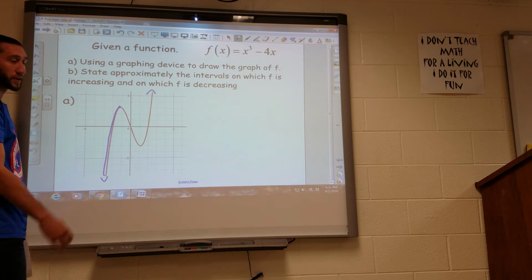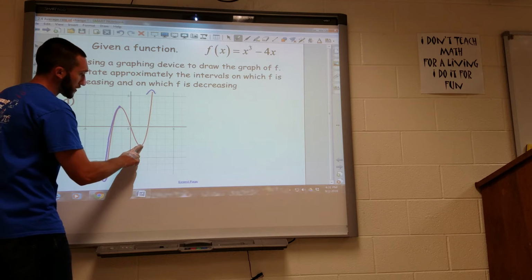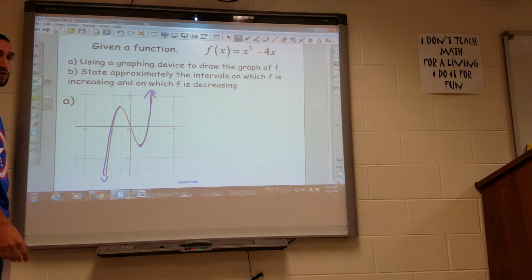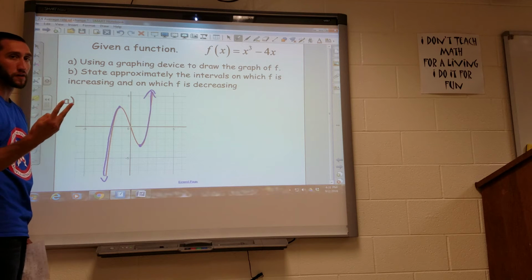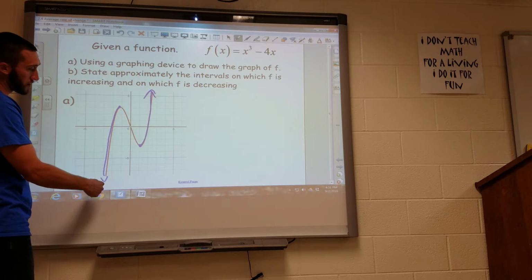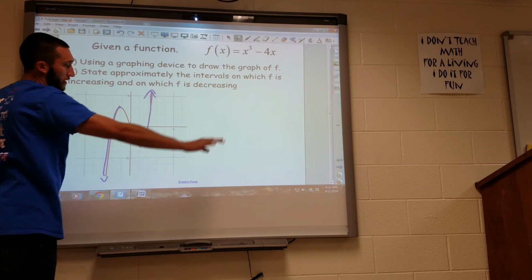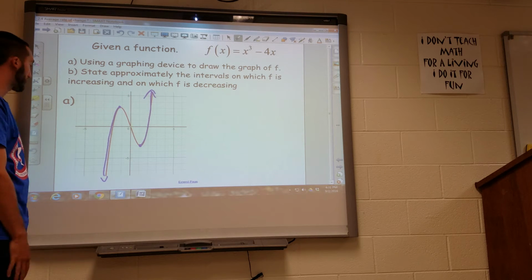And then I stop increasing. But then I'm also increasing from this point here all the way up to those numbers. So I'm increasing on two different intervals. I'm increasing from here to this point, and then from this point on, whatever those points may be, and I'll show you how to find those points in a second.